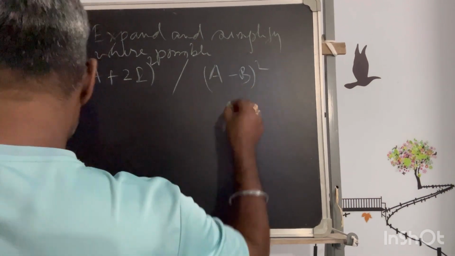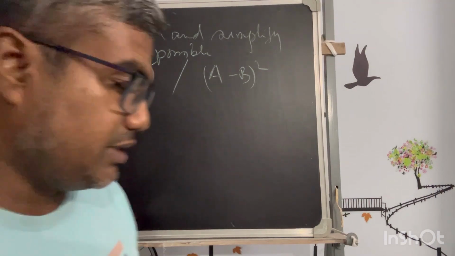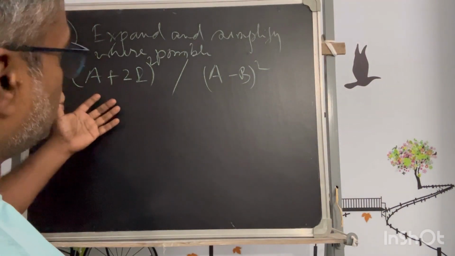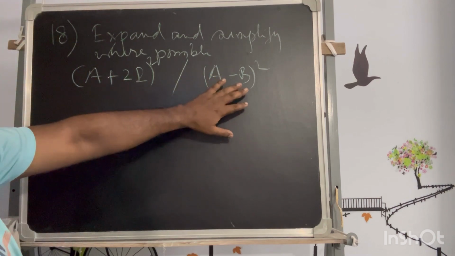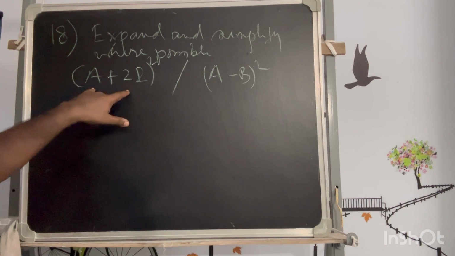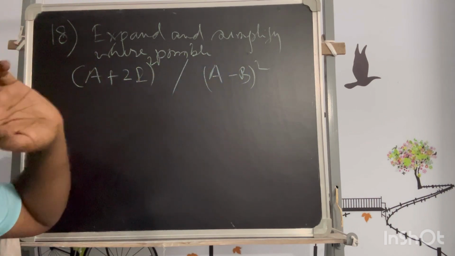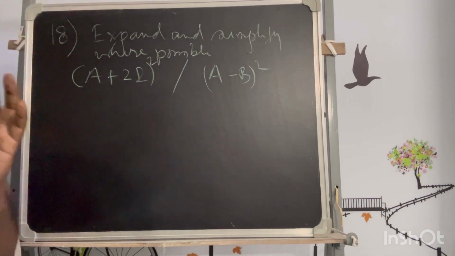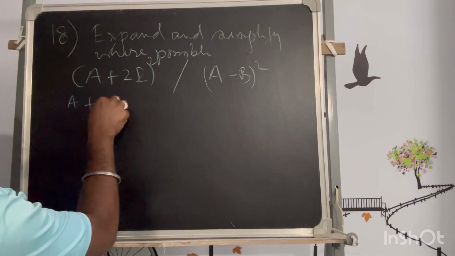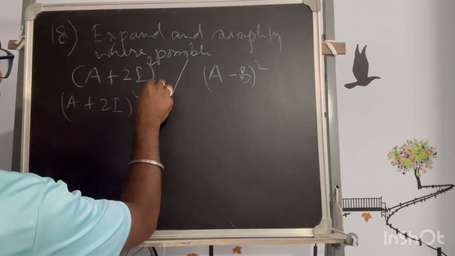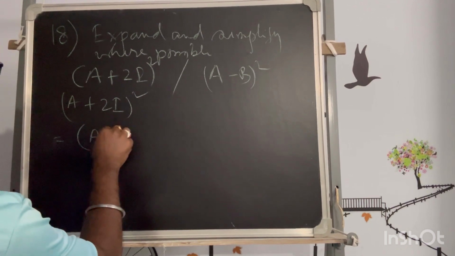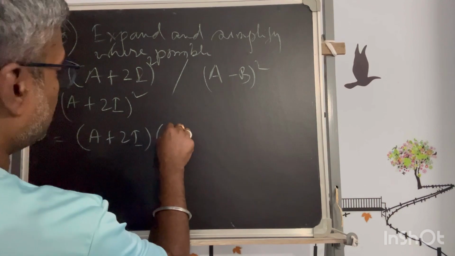Now these are matrices A, B, I. You can know this is an identity matrix, or it can be taken in any form, but it is generalized mathematics where A, B and I are all matrices of any order. So wherever possible, if we work with the first one, (A plus 2I) whole square, for the whole square we cannot write the formula, so rather we can keep one after another.